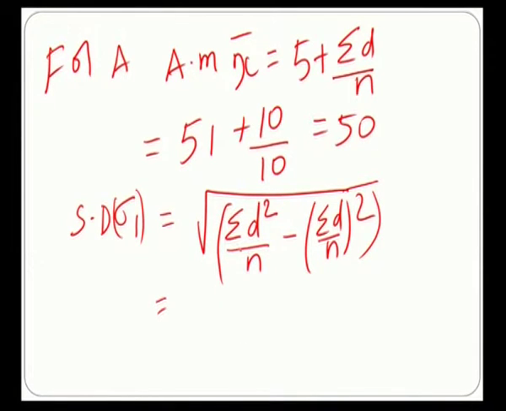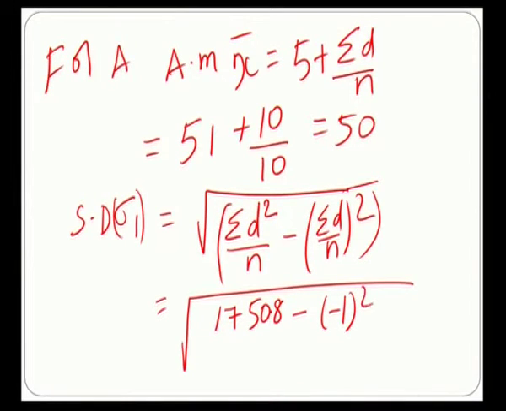According to the table, this summation of d square for batsman 1 is 17,508. Then this n is nothing but 10. So, this will become 1750.8 minus 1 the whole square.